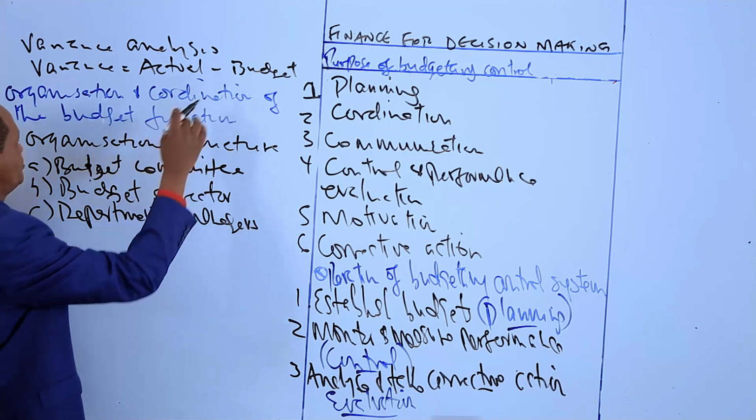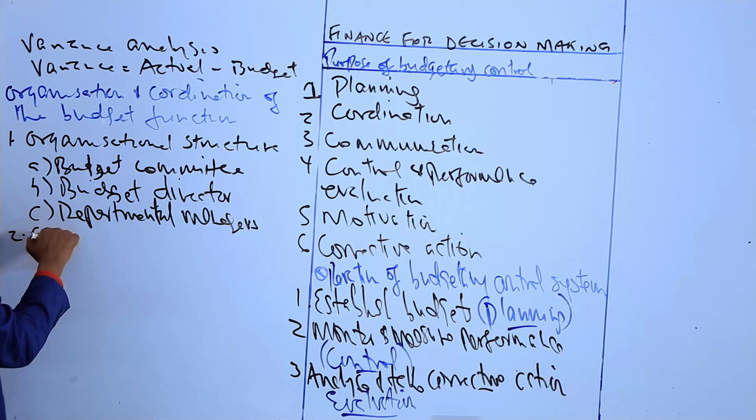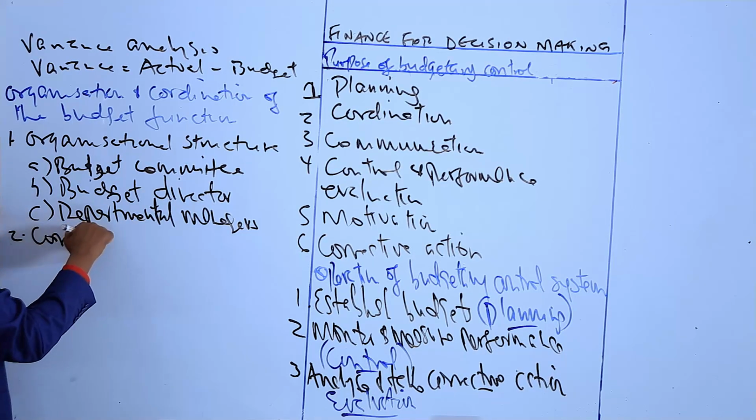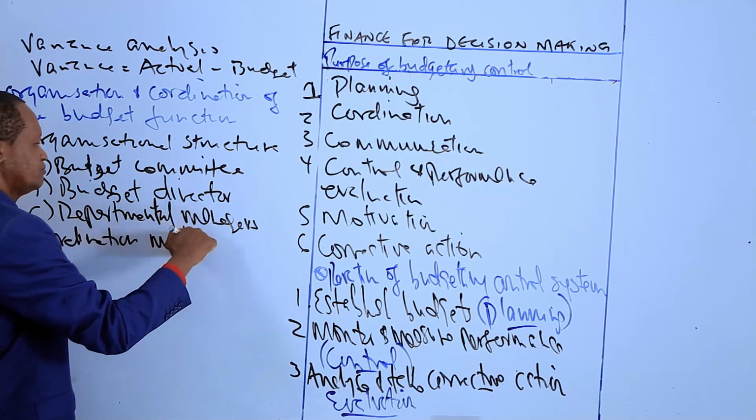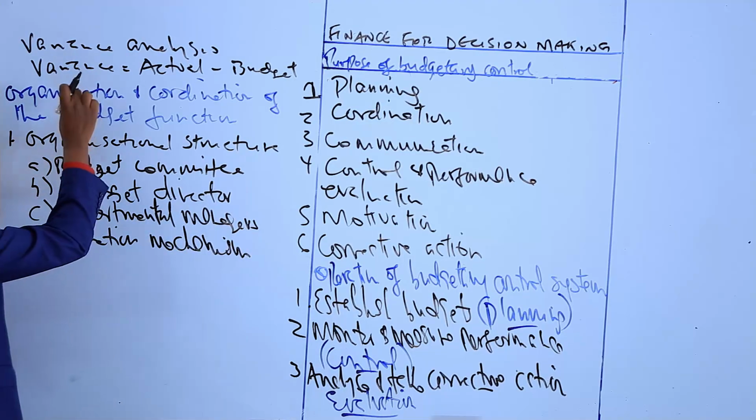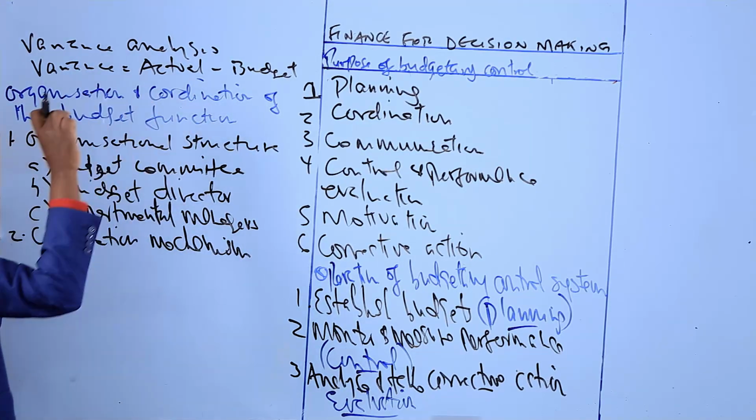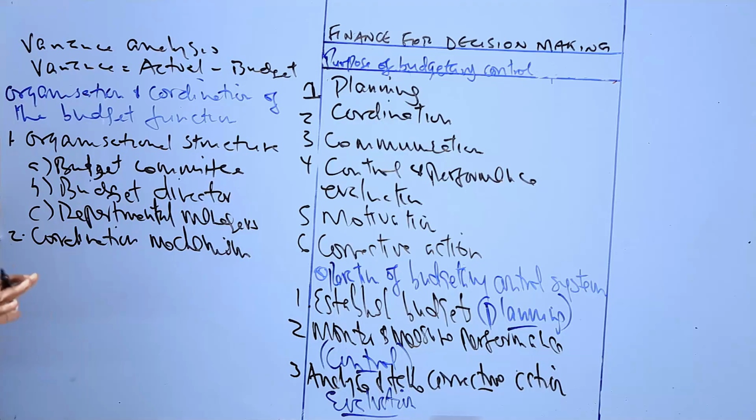Then there is a coordination mechanism. So we are discussing organization and coordination of the budget function. So for coordination to be effective, you may require what we call a budget manual.